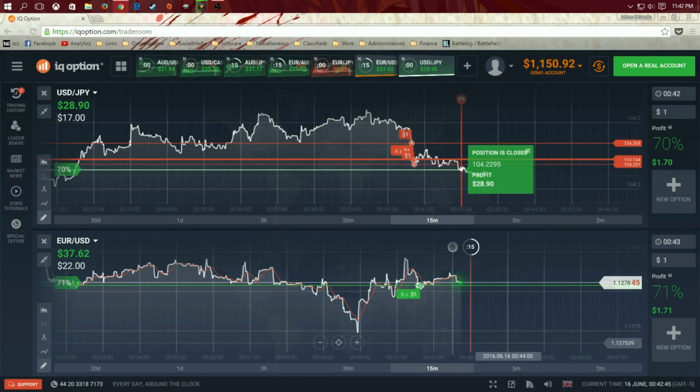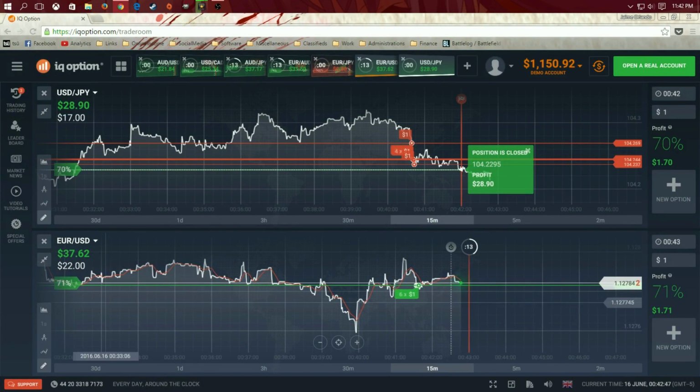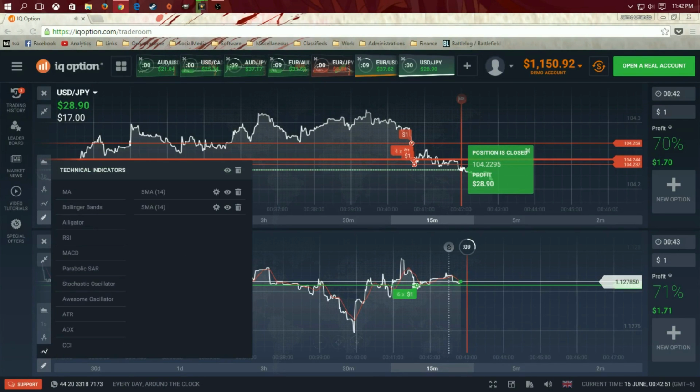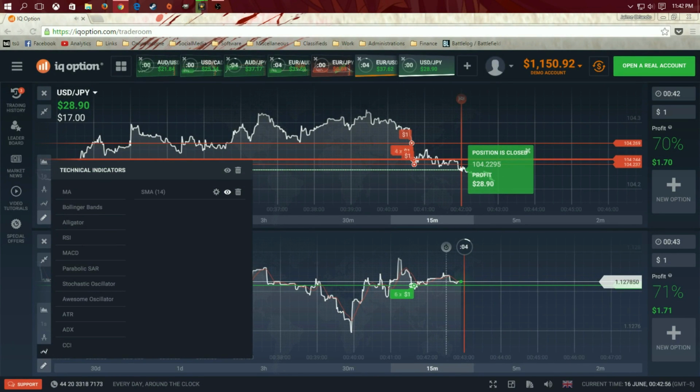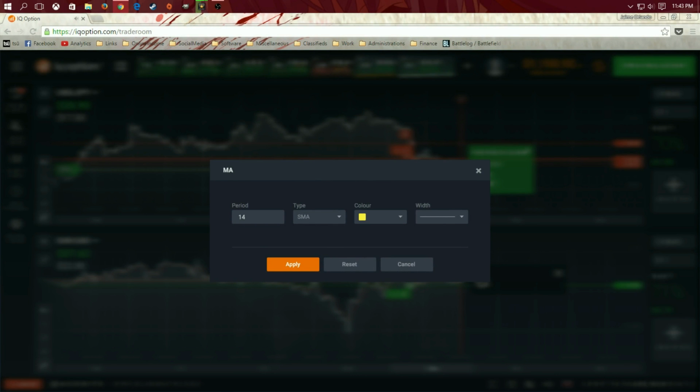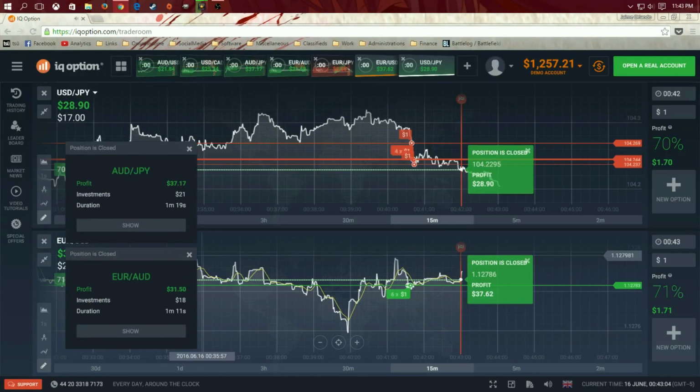Okay, now I'm not seeing it here. Okay, there you go. Yeah, so it's barely visible. Let me go ahead and change the color. Okay, so there you go.